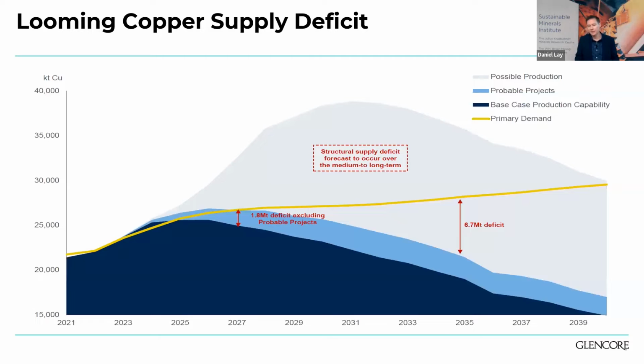And what this means is that there is a looming supply deficit emerging. What is required is that we reduce the cost of doing these projects and that more projects can make it through feasibility and into execution. And we need to design these projects in a more sustainable and responsible manner so that they can receive the required permitting and can start to deliver the metals we need to transition.